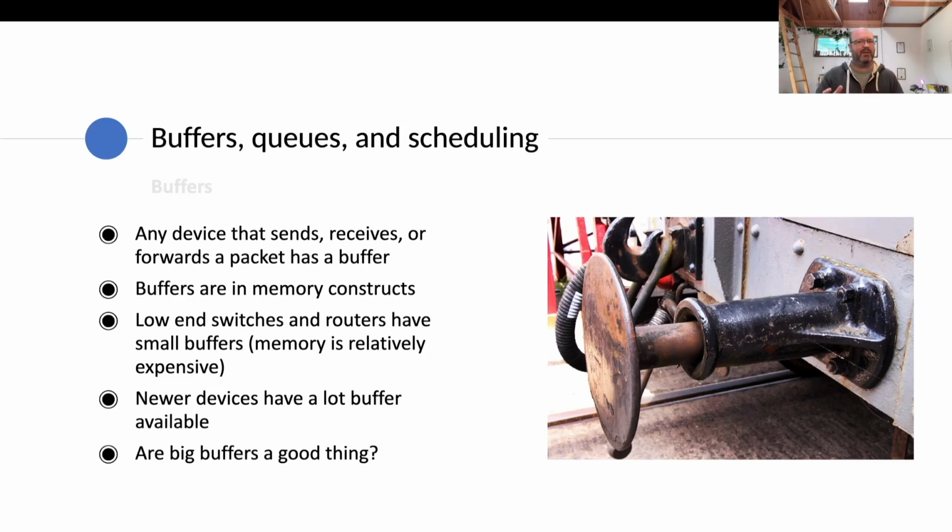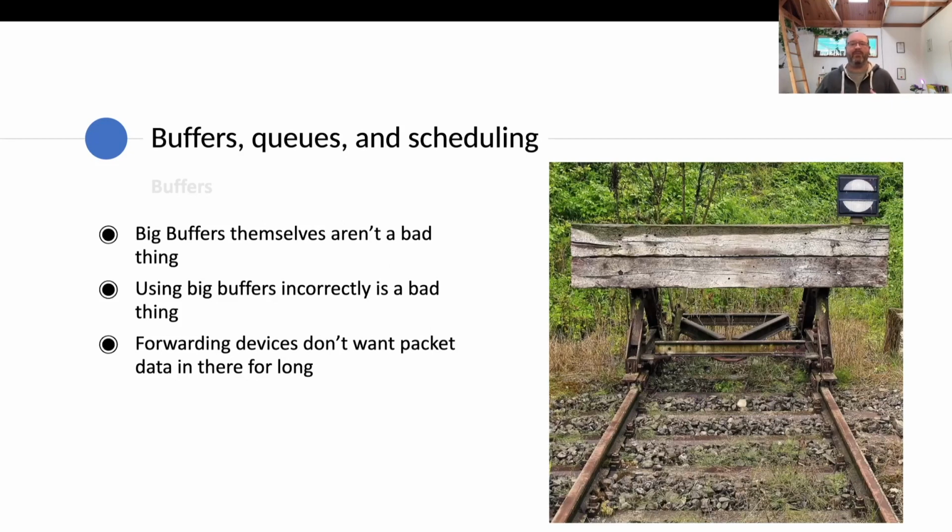But is it necessarily a good thing if you use it incorrectly? Big buffers themselves aren't actually bad, but using them incorrectly or carelessly is bad. Forwarding devices don't want to hold packet data for long, they don't want to hold it forever, and they certainly don't want to exceed the retransmission timeout that the sender has for that packet in the queue.